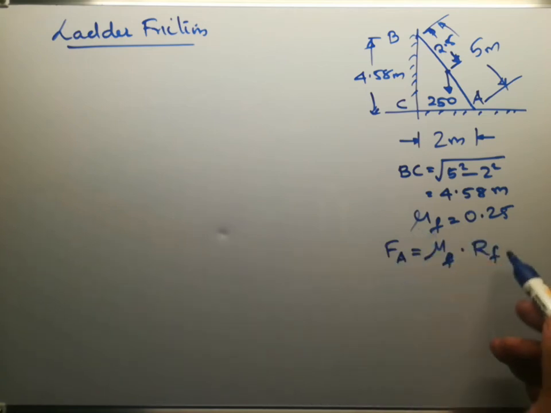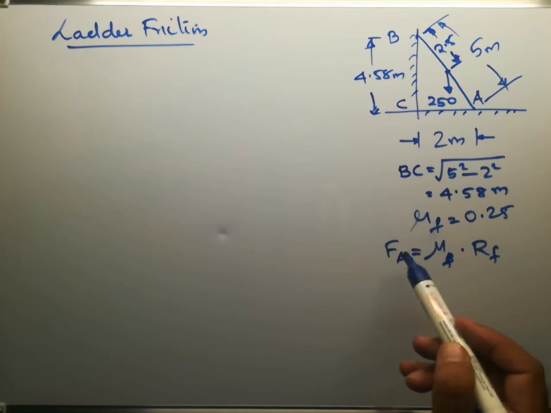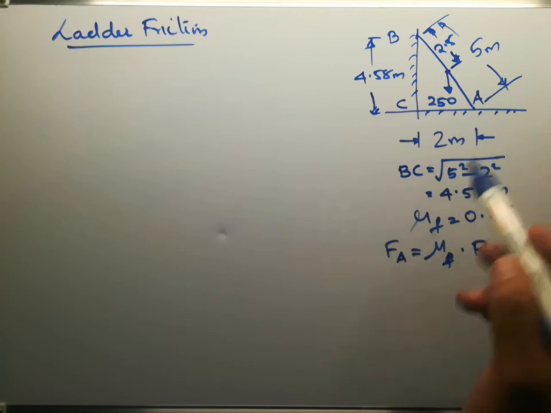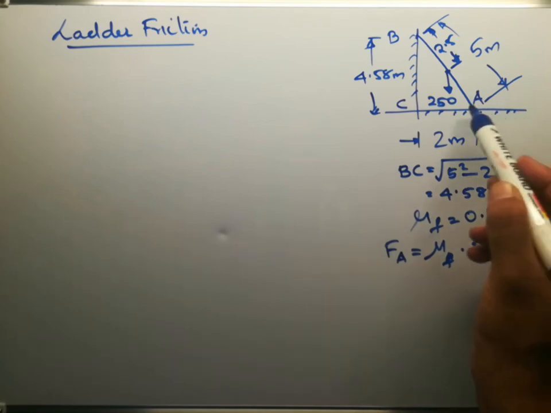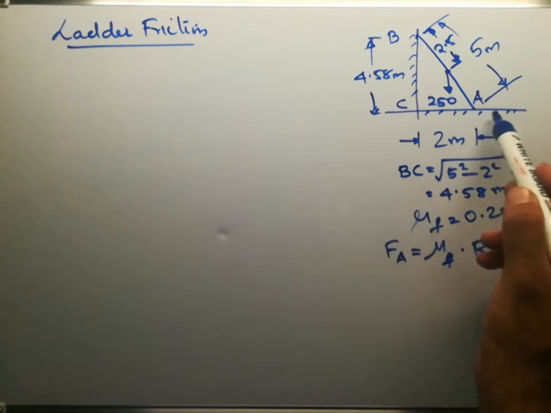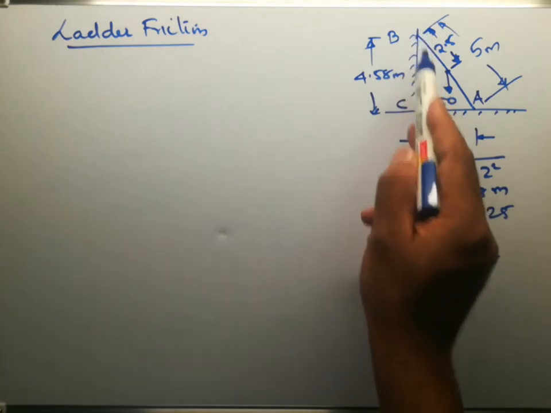In this case, as it is a limiting friction case, the ladder will not be moving. It will be in limiting equilibrium. At point A, there is no frictional force at the wall because it is a smooth wall.